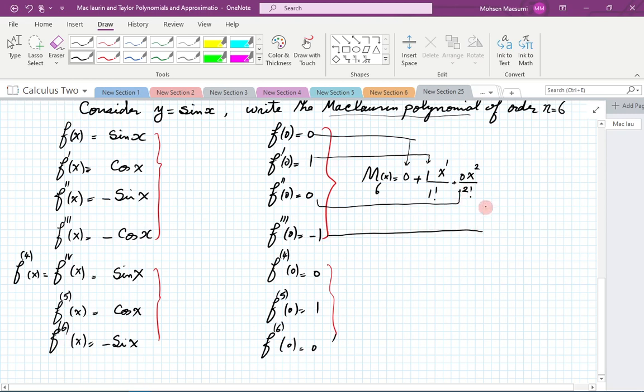For 3 is minus 1 x to the power of 3 over 3 factorial. Then I have 4, 0 x to the 4 over 4 factorial. Then I have 5, and I have 6.